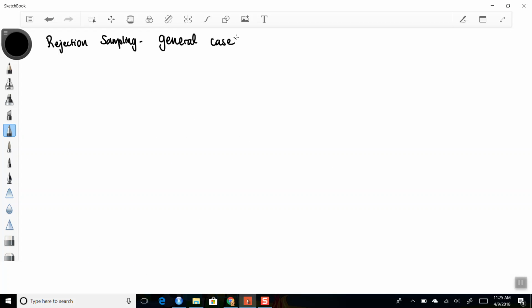Let's say the PDF of our target distribution extends to infinity.